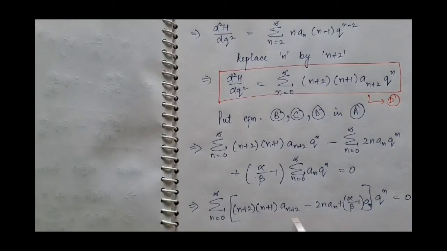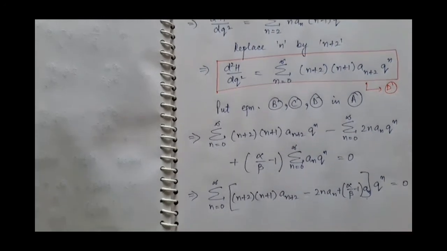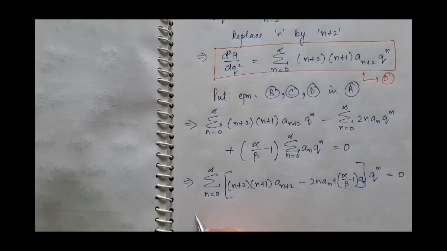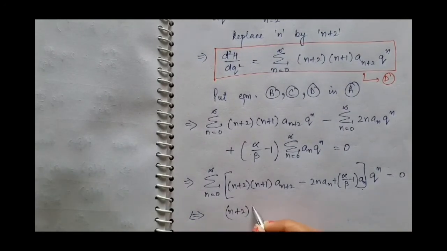Now the summation of this will be 0 if and only if the coefficient of q raised to power n, that is this, is equal to 0.